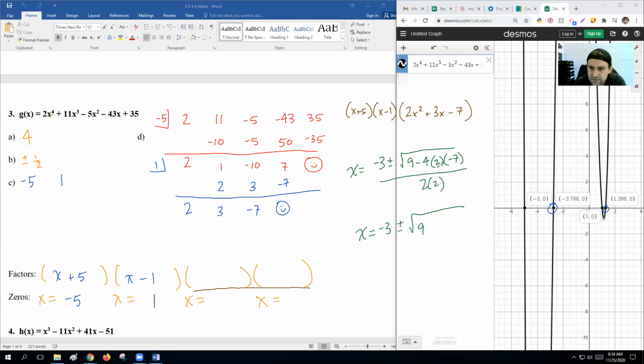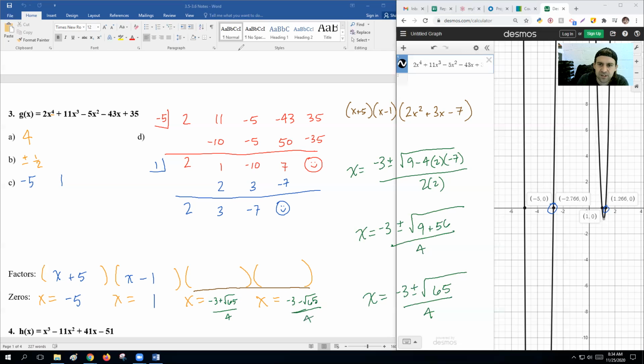All right, this would be negative 8 times negative 7, that'd be positive 56, all over 4. And we get negative 3 plus or minus the square root of 65 over 4. The 65 breakdown, that's 5 and 13. No, so that doesn't break down. So really, we have two answers. We get x equals negative 3 plus radical 65 over 4, and the other one is negative 3 minus radical 65 over 4.